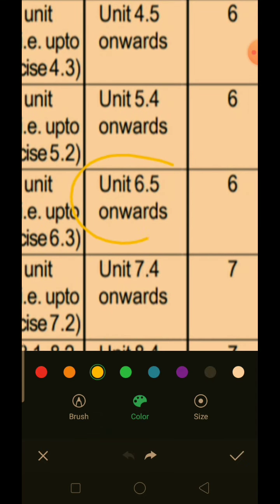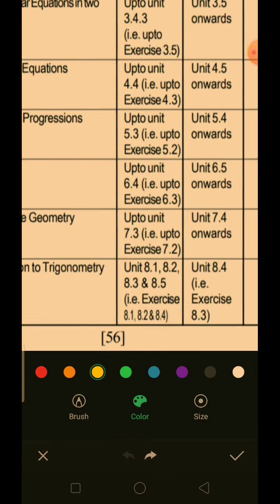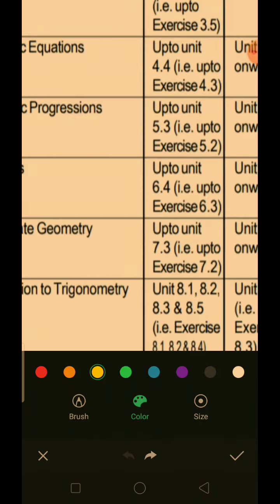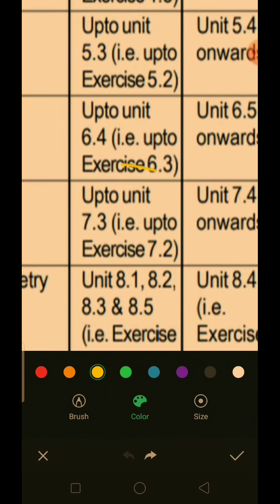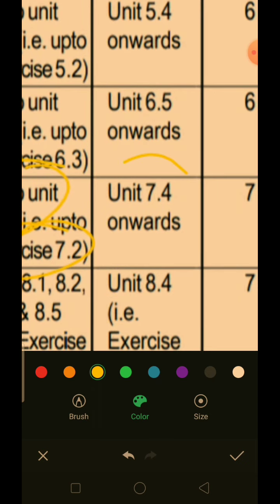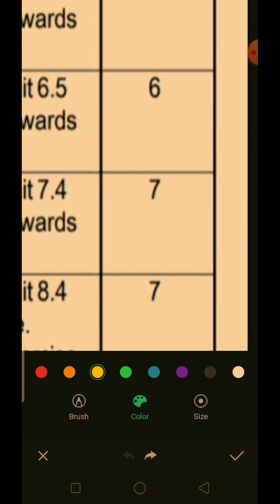Unit 6.5 onwards has been left out, and it carries 6 marks. If you move on to coordinate geometry, up to unit 7.3, exercises only 7.1 and 7.2, unit 7.4 onwards has been left out, and you have a mark weightage of 7 marks.